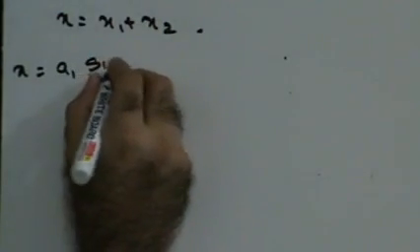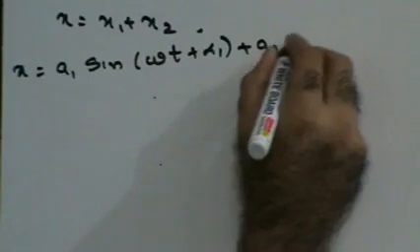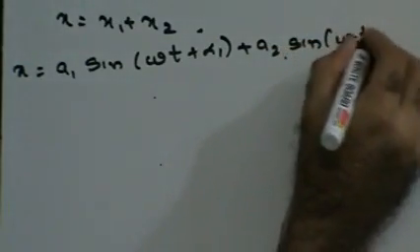The resultant displacement is going to be the sum of the two displacements, in which case I can therefore say that x is equal to x1, that is a1 sine omega t plus alpha 1, plus a2 sine omega t plus alpha 2.